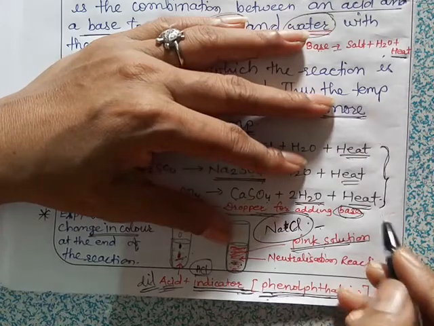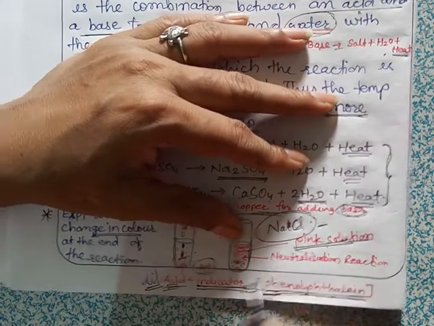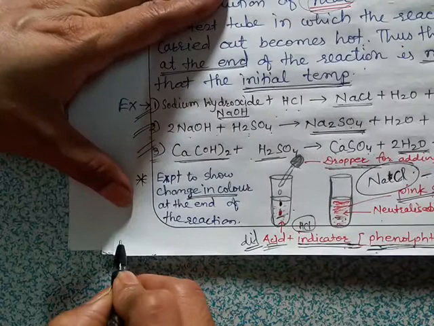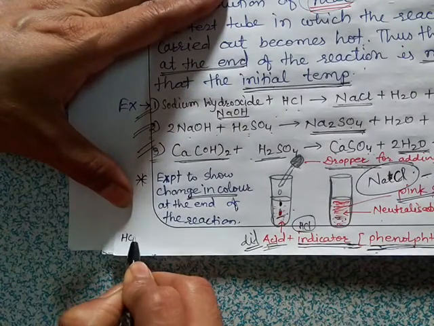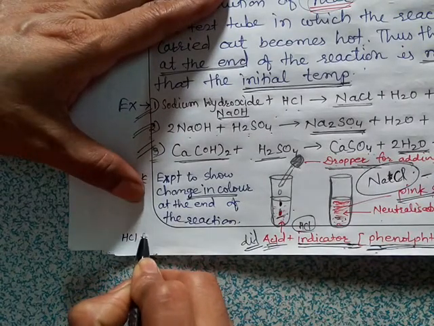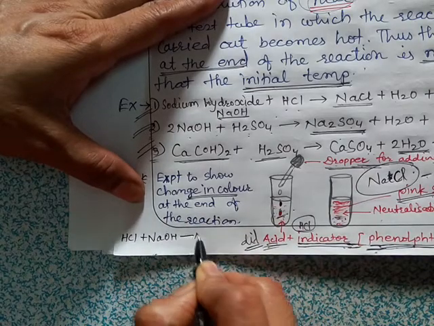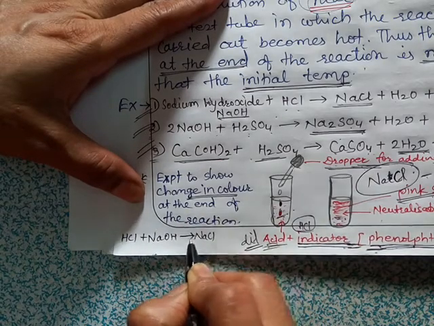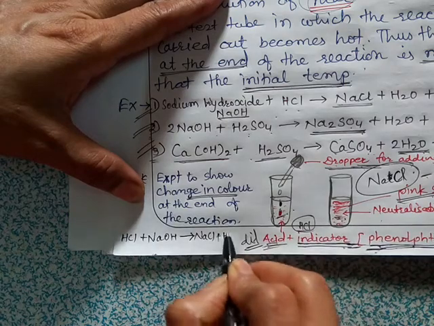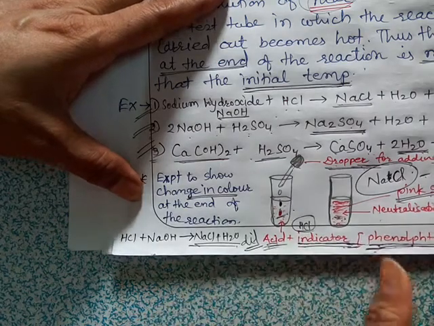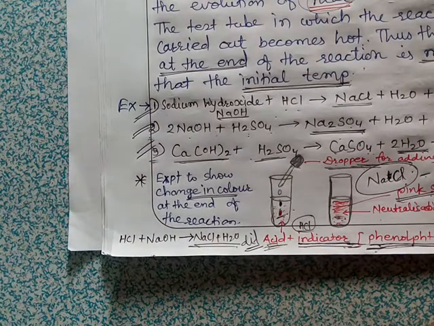HCl plus NaOH gives NaCl plus H2O. So this is a neutralization reaction.